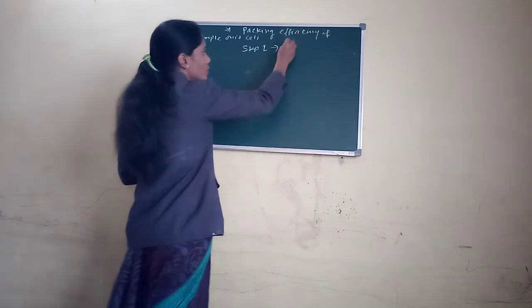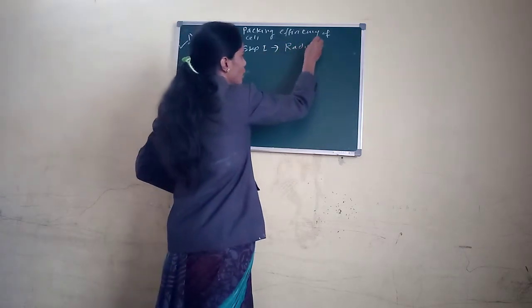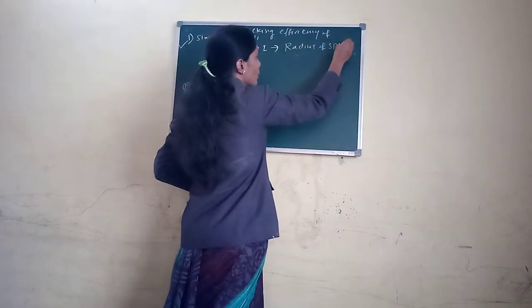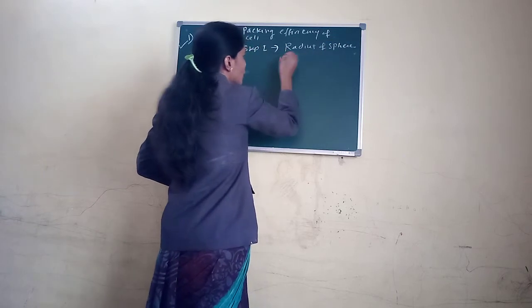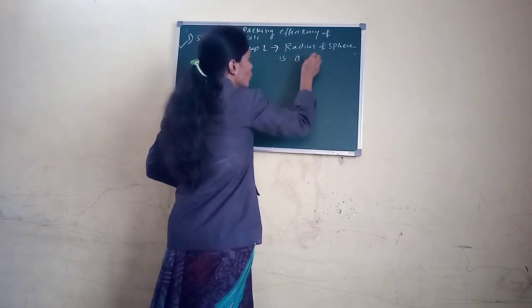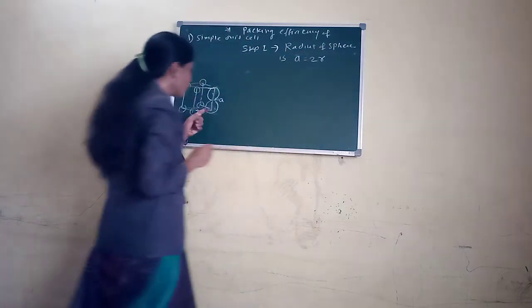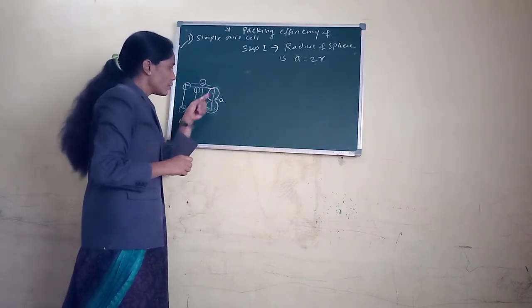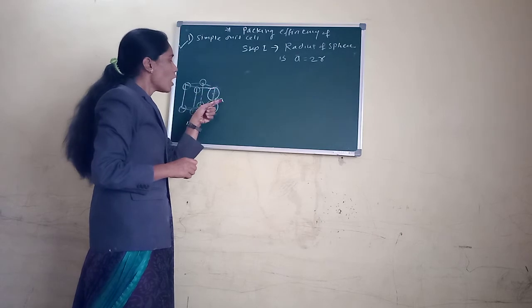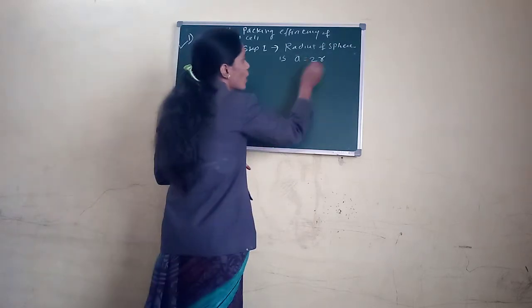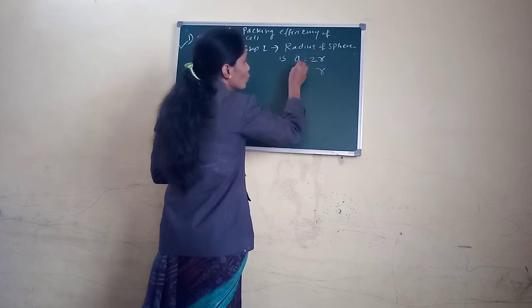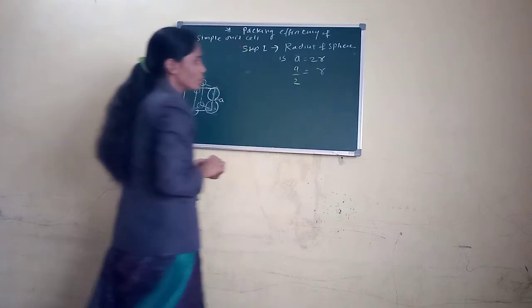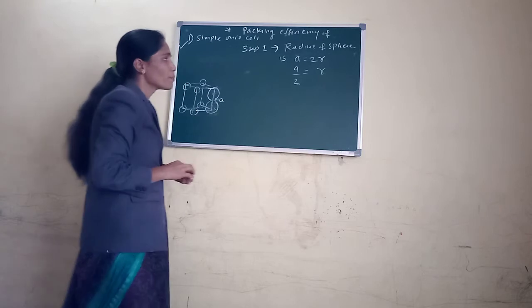Therefore a is equal to twice r. The side length is a, so half a is the radius, that is r is equal to a upon 2. This is the radius of the sphere.